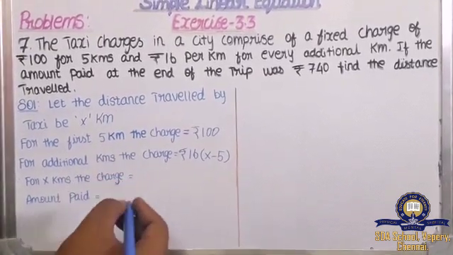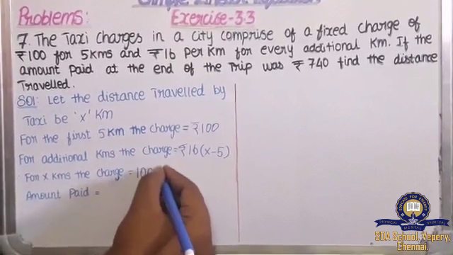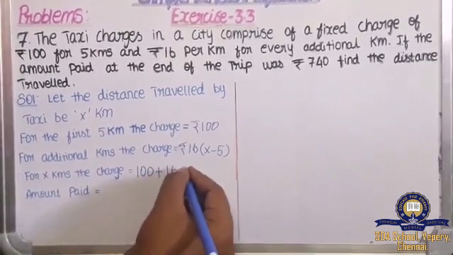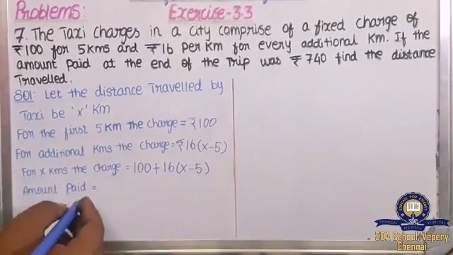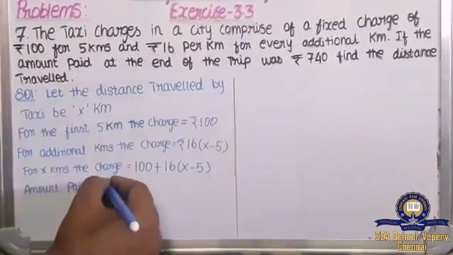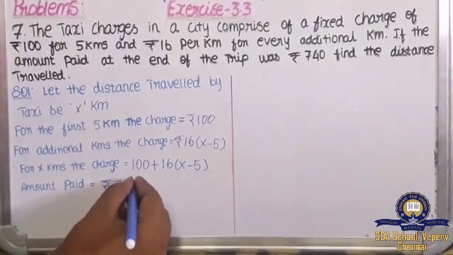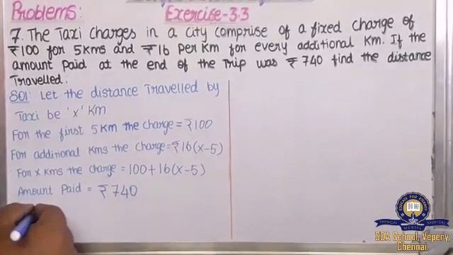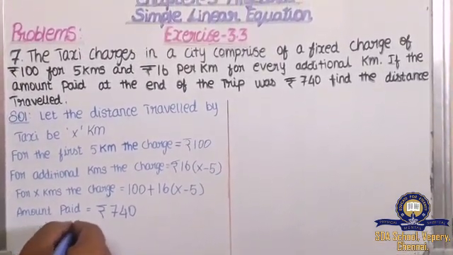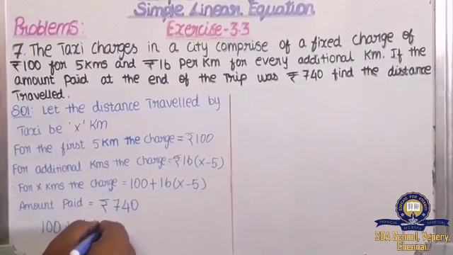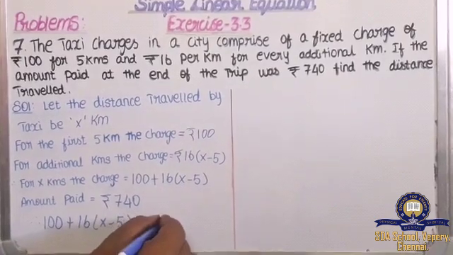And for x kilometers, the charge is 100 plus 16 into (x minus 5). The amount paid at the end of the trip is rupees 740. Therefore, now we form the equation: 100 plus 16 into (x minus 5) is equal to 740.